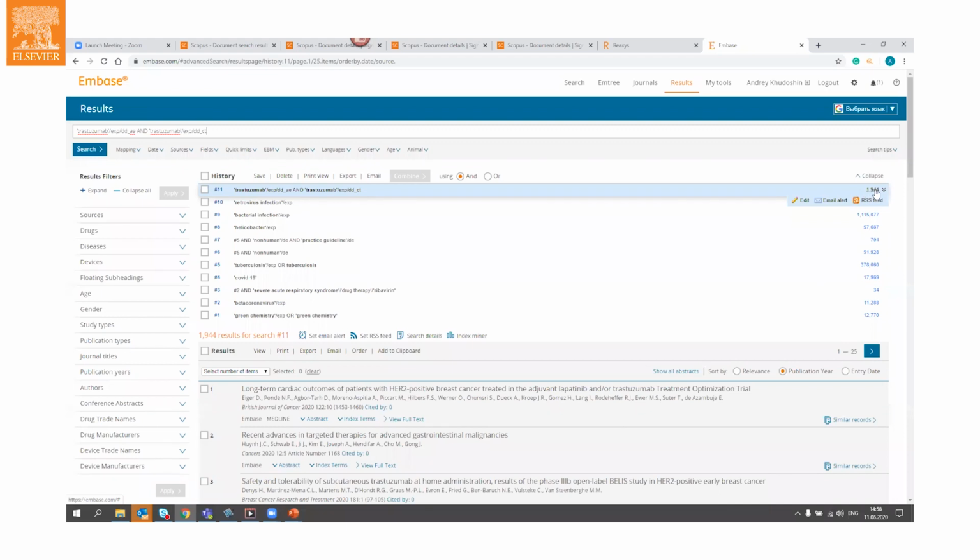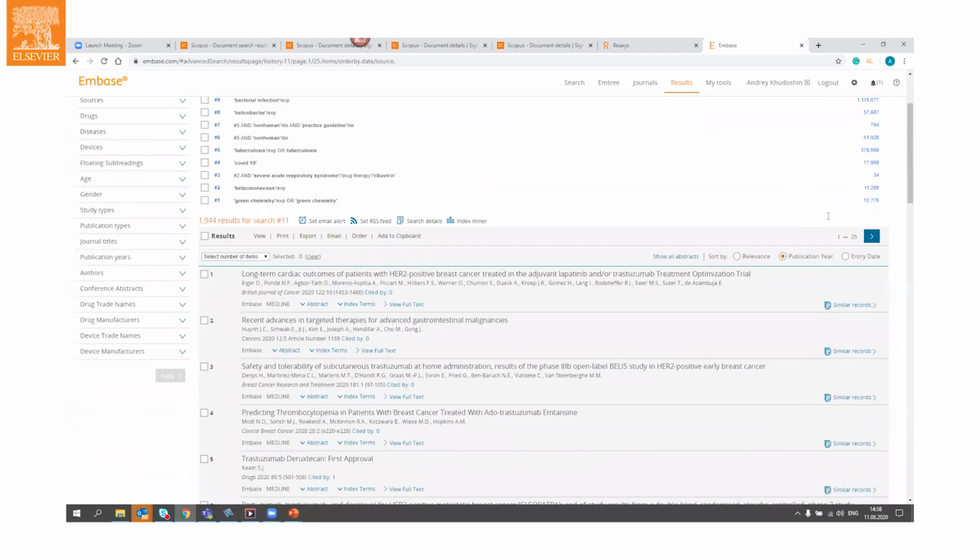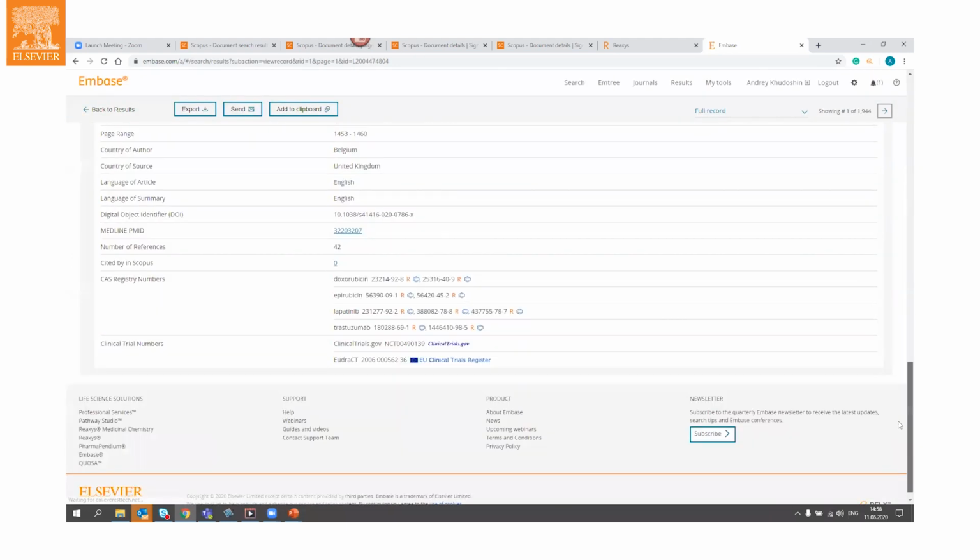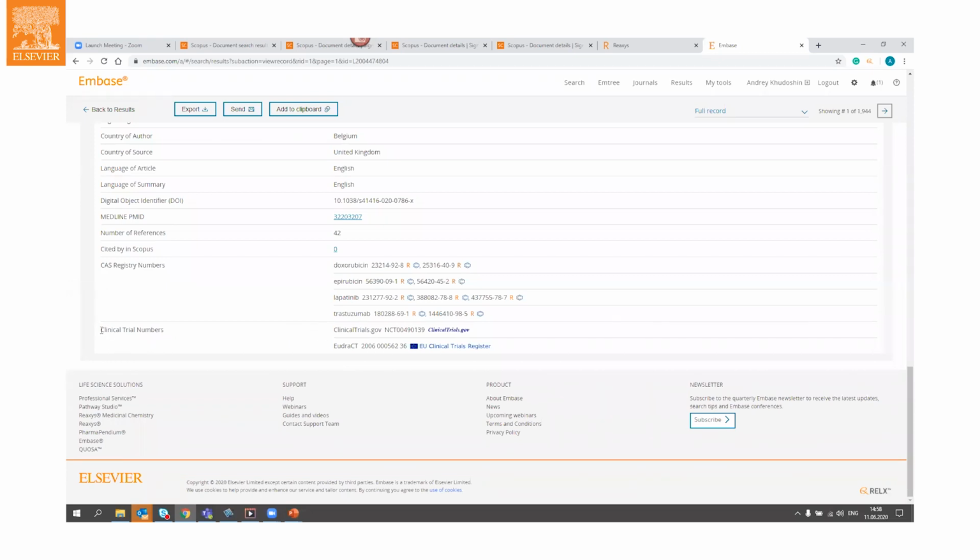But right now, we have only about 2,000 documents where we have some adverse drug reaction, and for all of them, we have clinical trial numbers. As you see, it's at the bottom of the page, and this is the number from ClinicalTrials.gov, but also clinical trial numbers available from other sources, for example, the EU Clinical Trials Register.